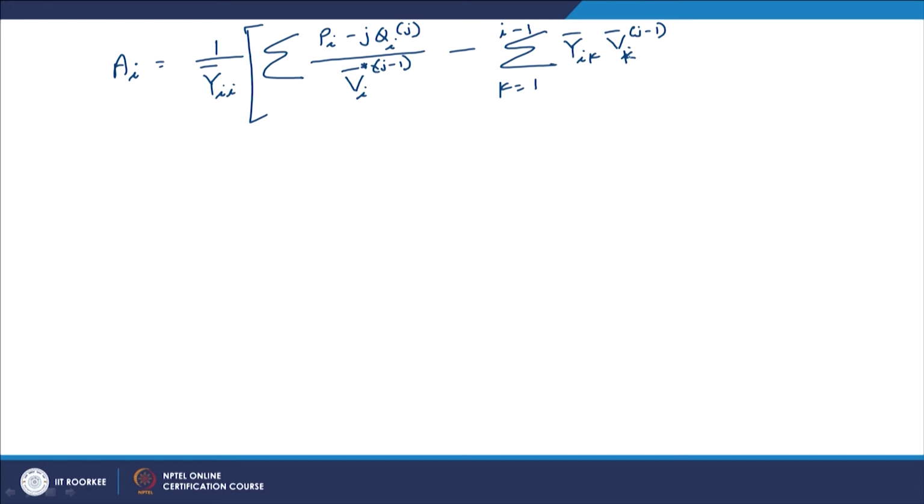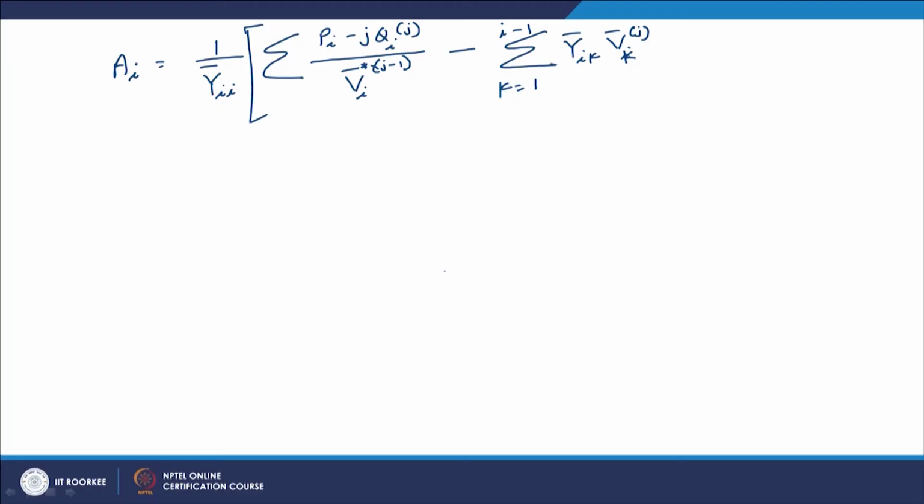And as we have done in the last lecture, for any bus which is previous to this bus in the sequence, we already know the updated value, so that is also a correction. And for the other one, minus summation k is equal to i plus 1 to n of Yik Vk j minus 1.